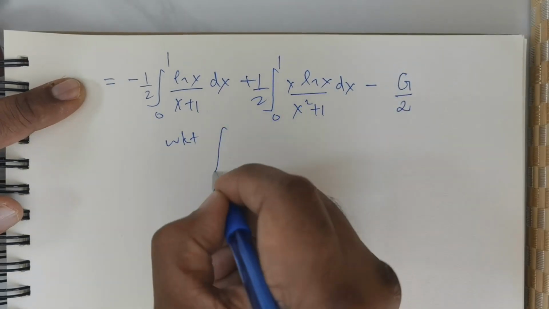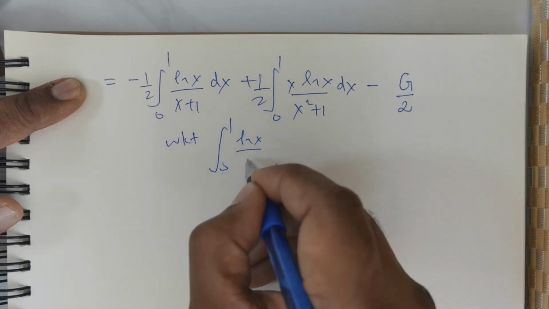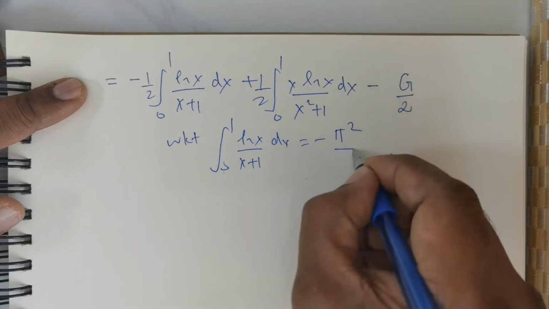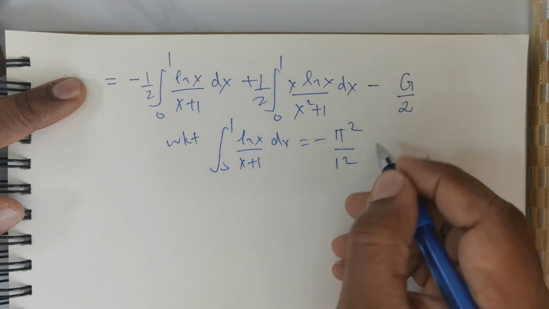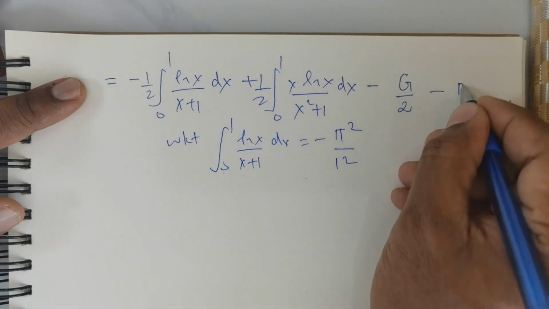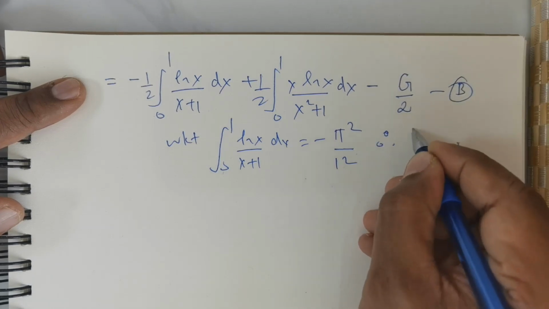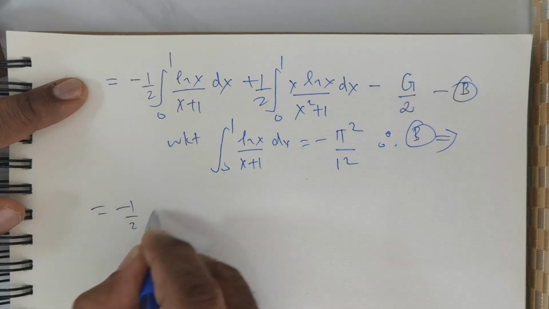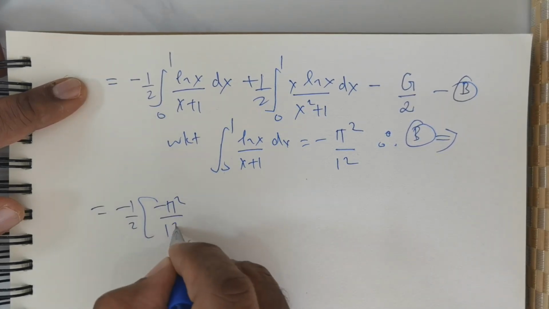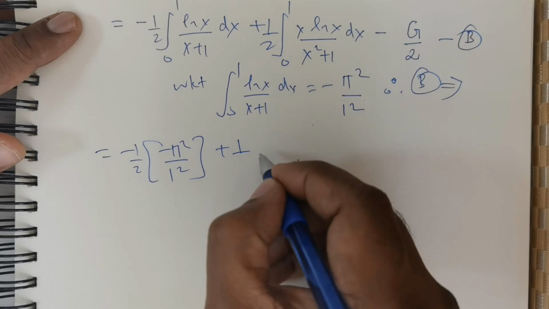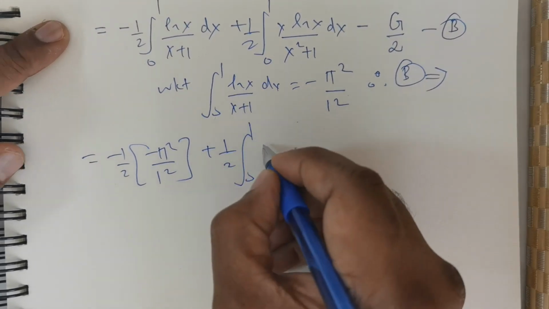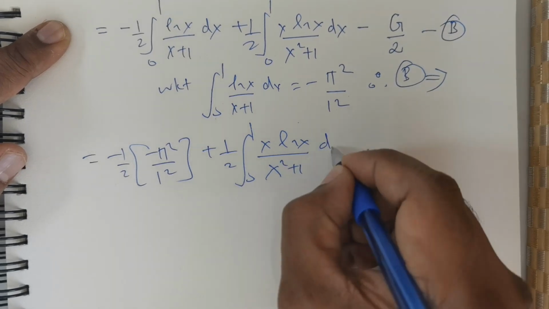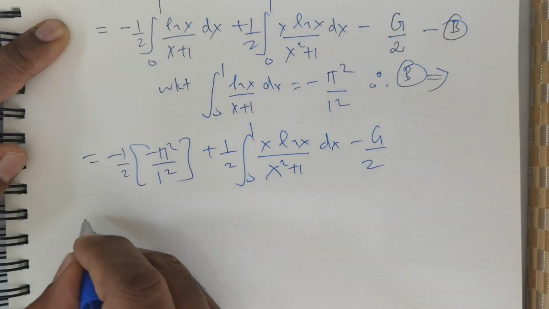Now this one I just showed you, integral 0 to 1 ln x over x positive 1 times dx is negative pi squared over 12. So if I were to take this as b, therefore b can be written as negative 1 over 2 negative pi squared over 12 positive 1 over 2 times integral 0 to 1 x times ln x over x squared positive 1 times dx negative g over 2.